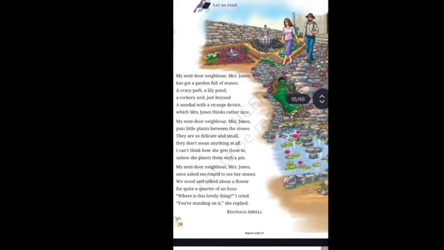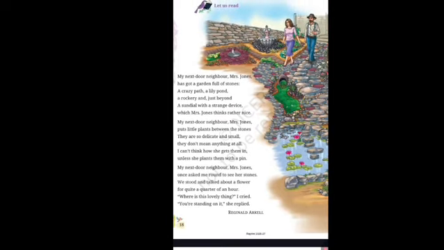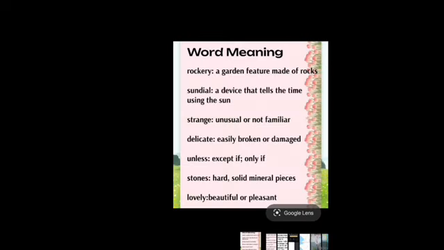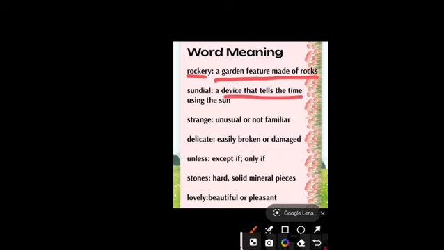Now we will look at the word meanings and summary. So the word meanings are, number 1, rockery, which means a garden feature made of rocks. Then the second is sundial, which means a device that tells the time using the sun. Now strange, its meaning is unusual or not familiar.